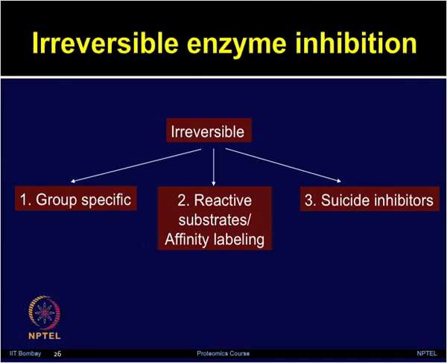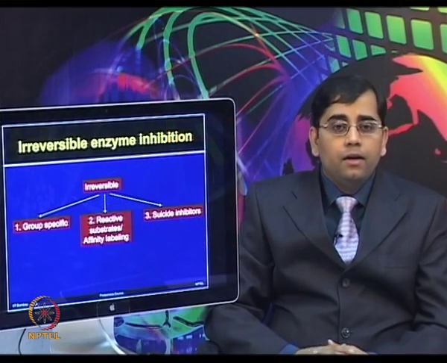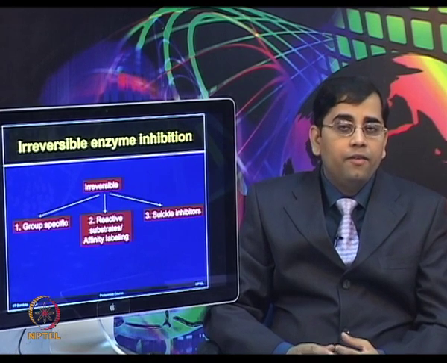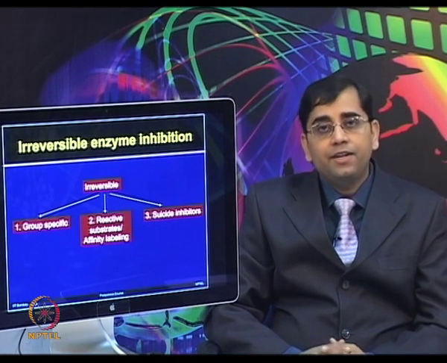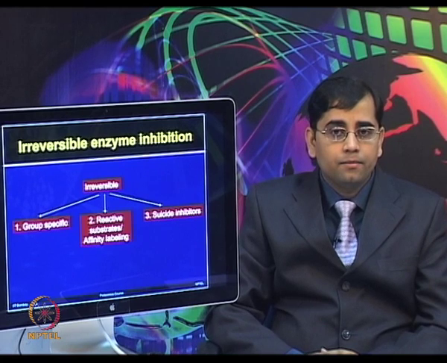Now, in irreversible enzyme inhibition, there are different classes: group specific, reactive substrates or suicide inhibitor. The group specific irreversible inhibitors can react with the specific side chain of amino acids.